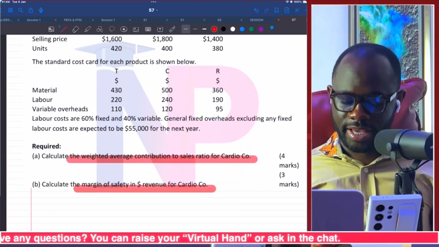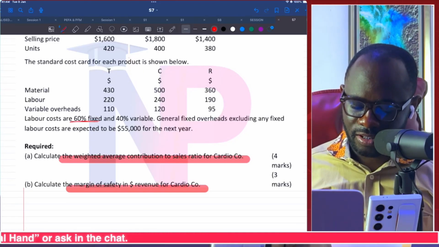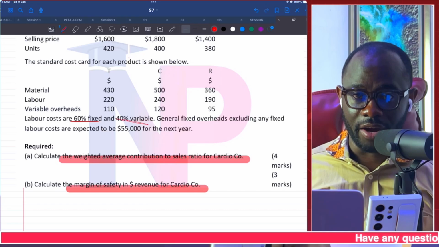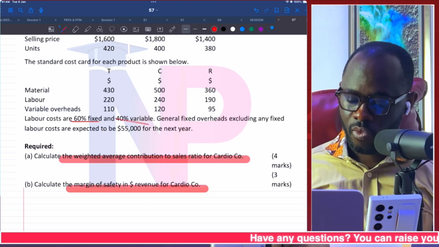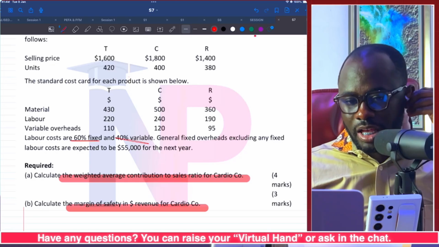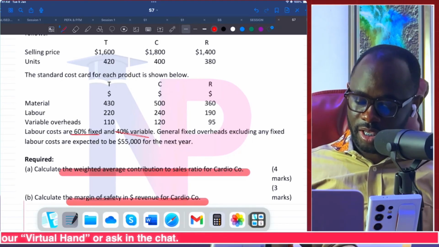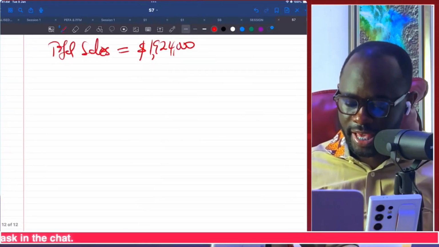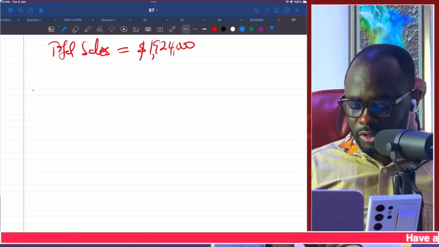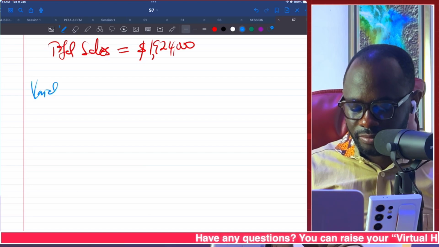Now, let's look at the question here. It says, labor costs are 60% fixed and 40% variable. So we need to work ourselves out to get a variable cost situation coming in here. So the total variable cost calculation.